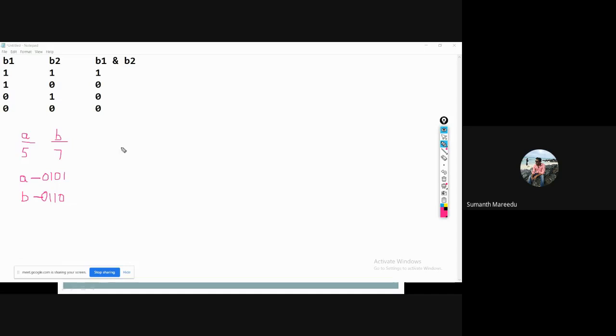When I write A and B, it is like this: A is 0 1 0 1, and B is 0 1 1 0. If you apply A AND B, what is the result?